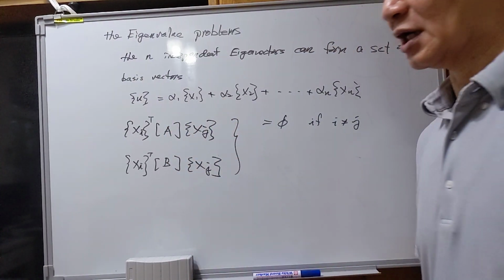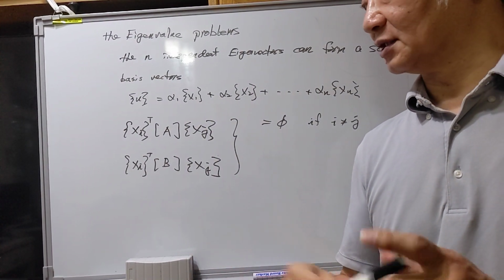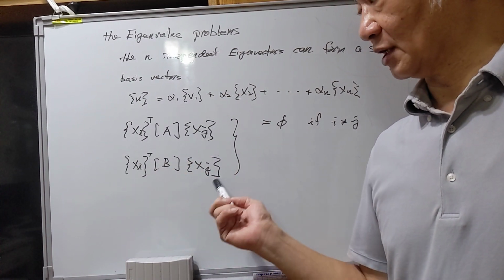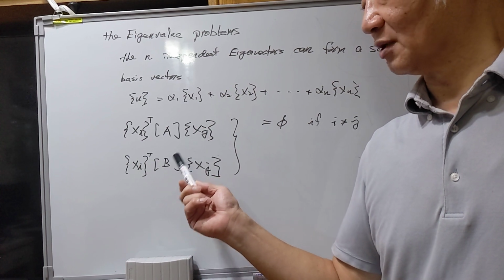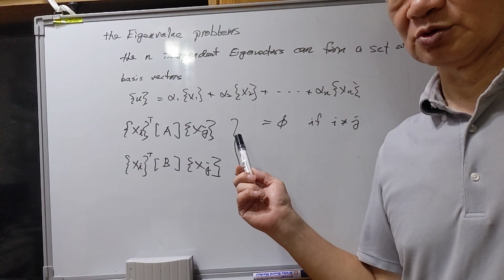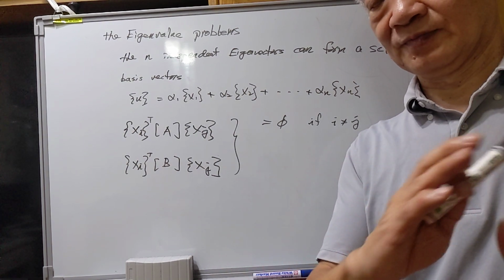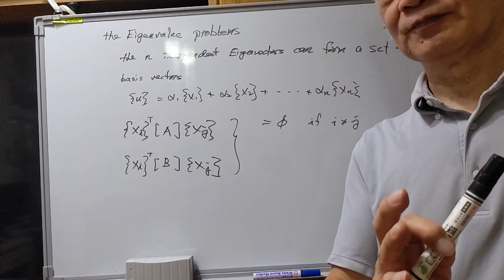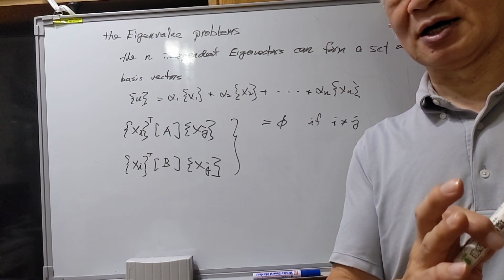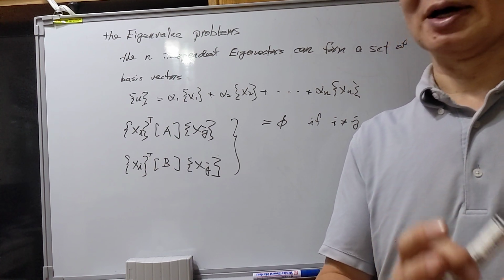It means that for different eigenvectors, xi transpose A xj and xi transpose B xj are always equal to zero. So two different eigenvectors are orthogonal with respect to the A matrix, and also orthogonal with respect to the B matrix.